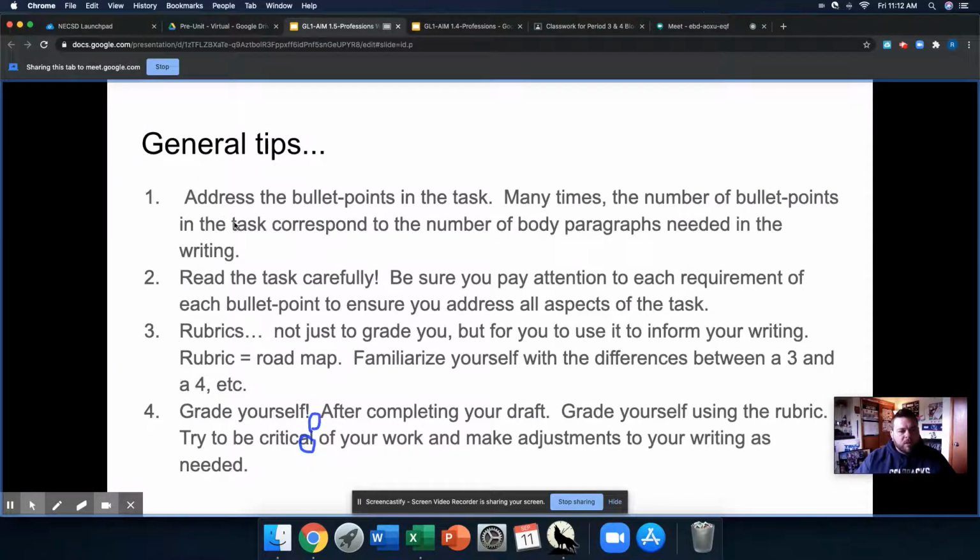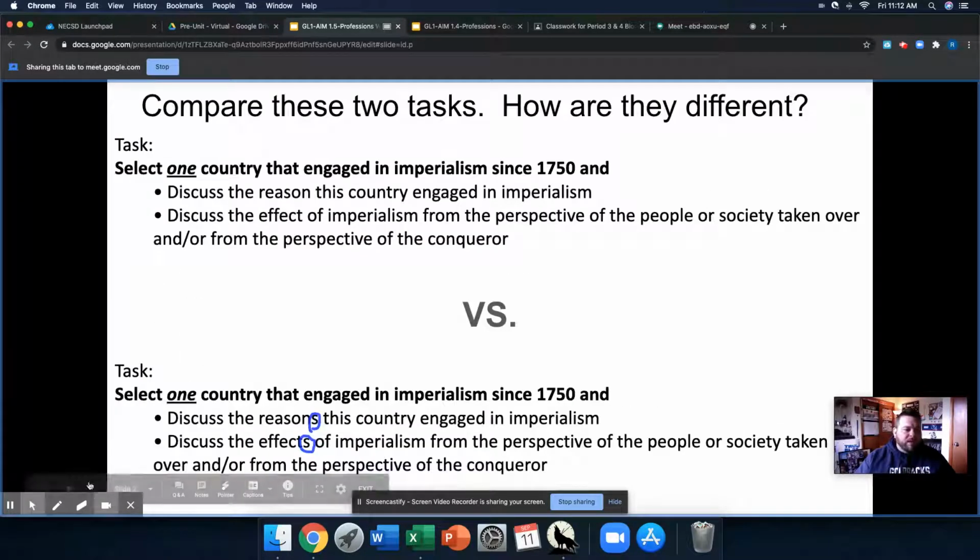So when I'm looking here at this first version and I see discuss the reason this country engaged in imperialism, that's one aspect. Okay. Discuss the effect of imperialism from the perspective of the people or society taken over and or from the perspective of the conqueror.